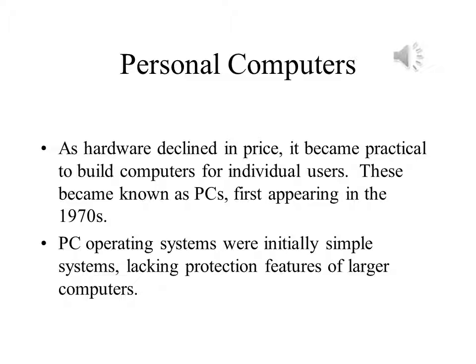DOS provided no protection features because presumably everyone would want to monkey around inside their own computers. While this may have been a good idea, it led to the creation and proliferation of computer viruses, which remain a problem to this very day.